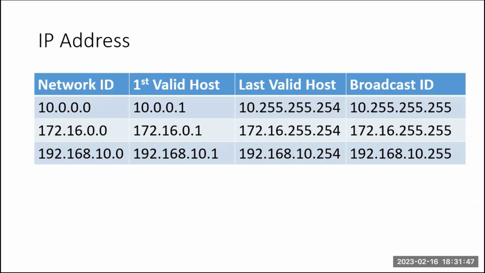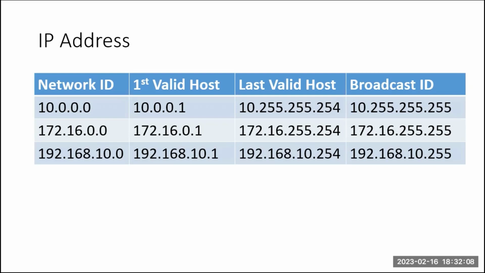After we would have increased this, the number just after the network ID would have been 172.16.0.1, and the number just before the broadcast ID would have been this one.